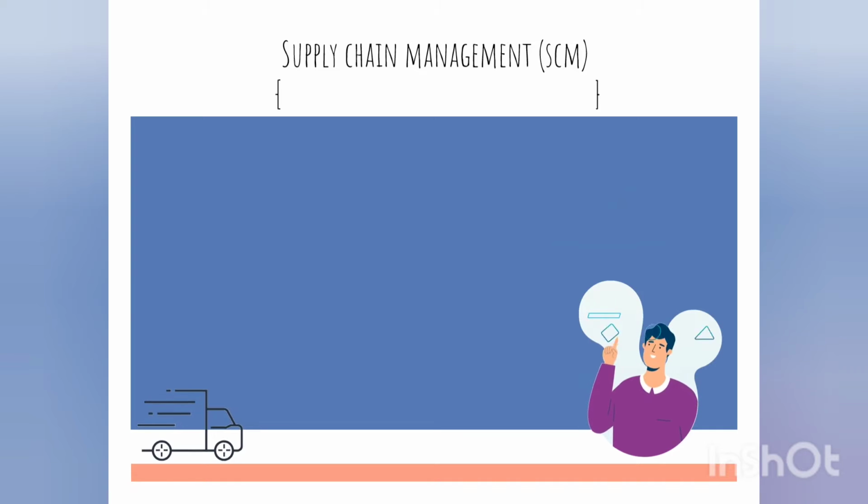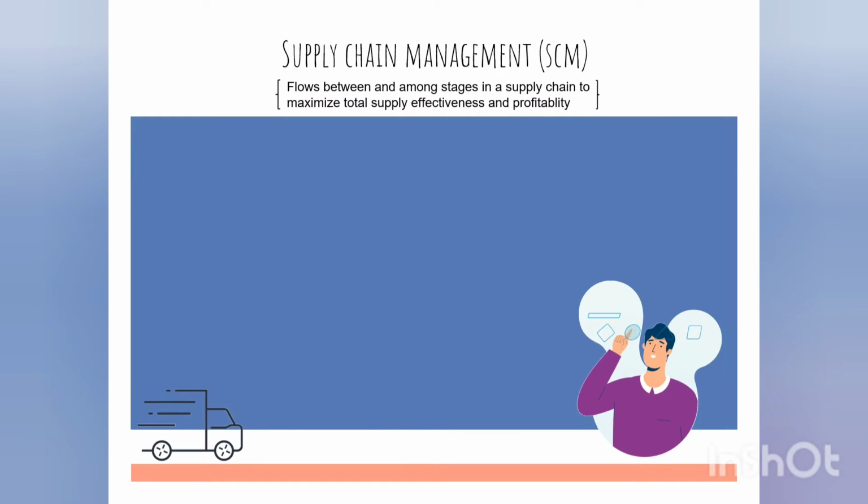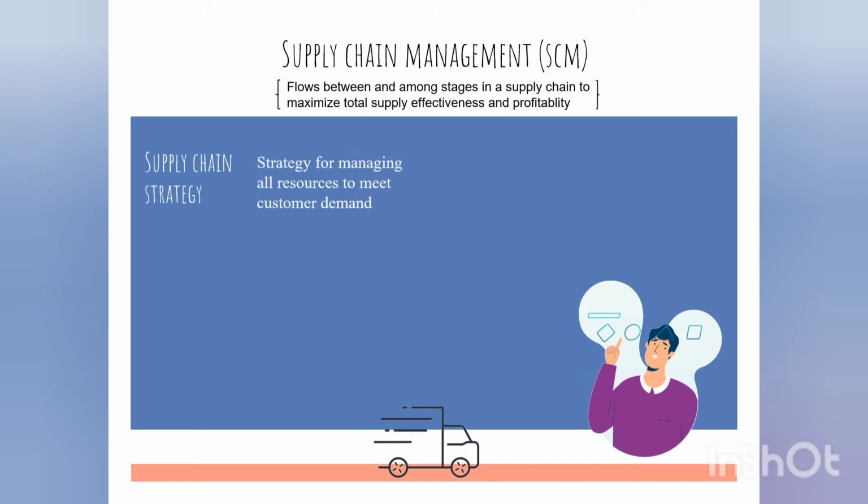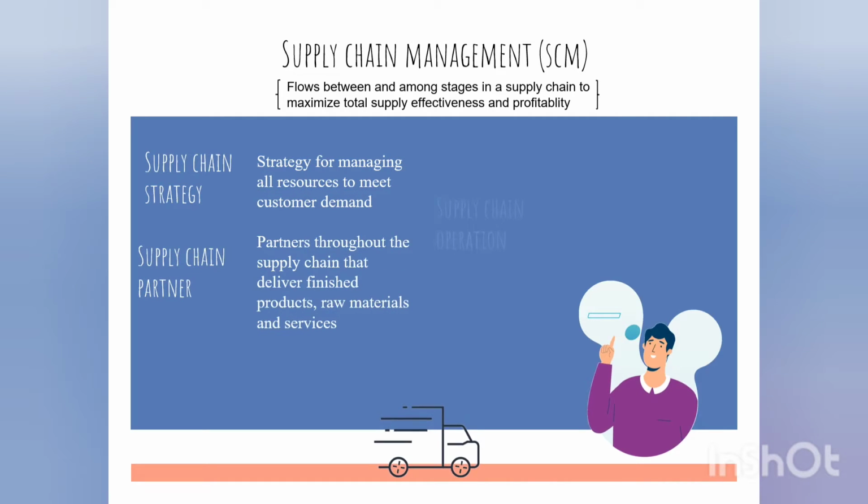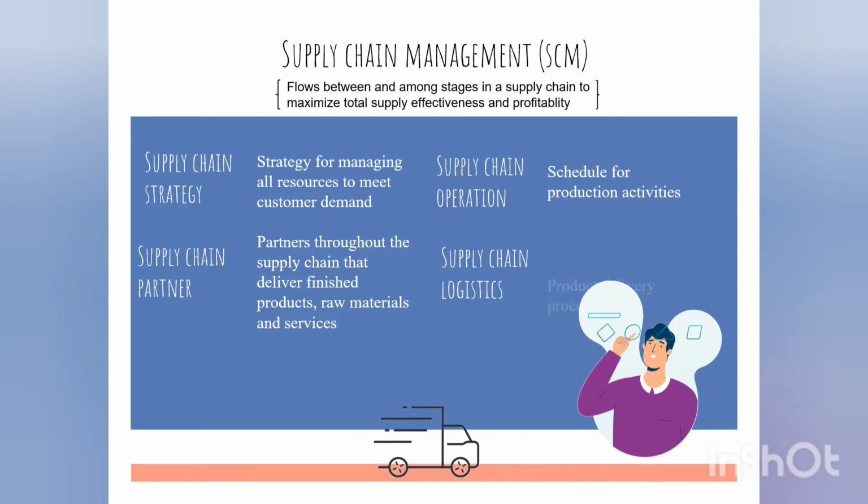Supply chain management. It flows between and among stages in a supply chain to maximize total supply effectiveness and profitability. We have supply chain strategy, supply chain partner, supply chain operation, and lastly, supply chain logistics.